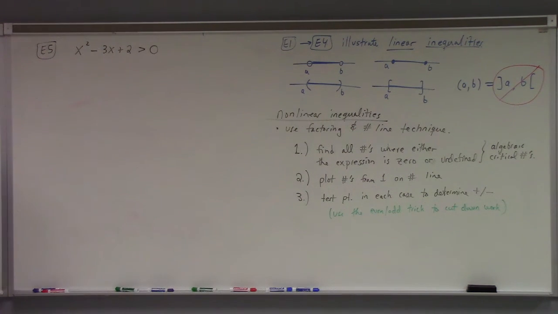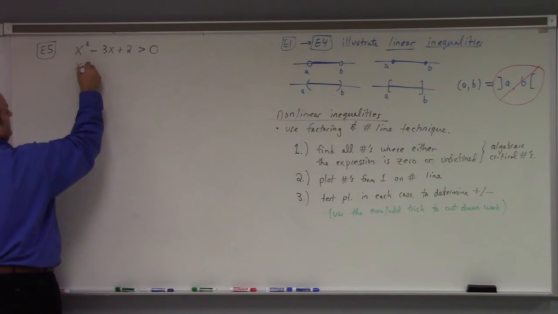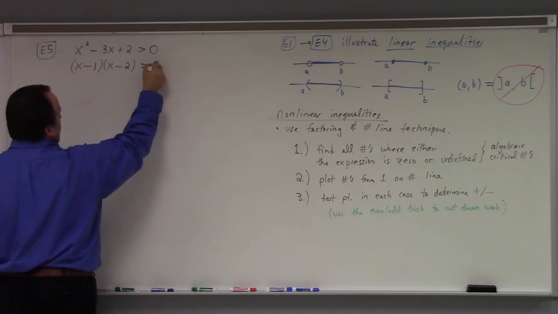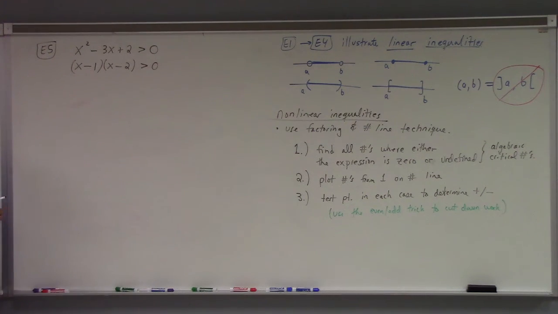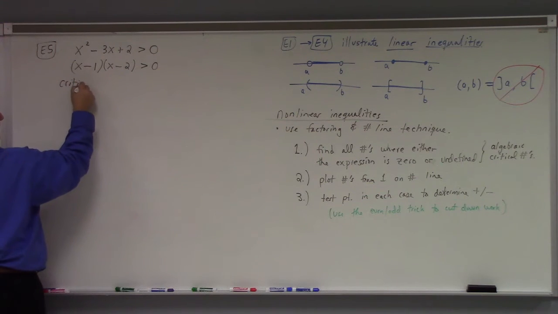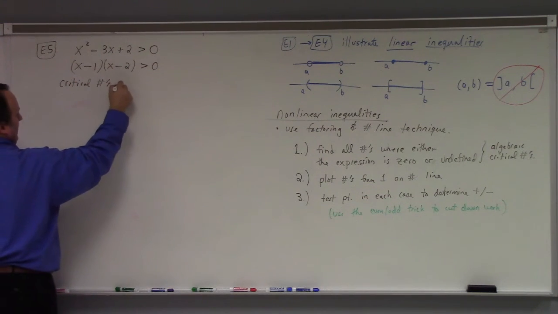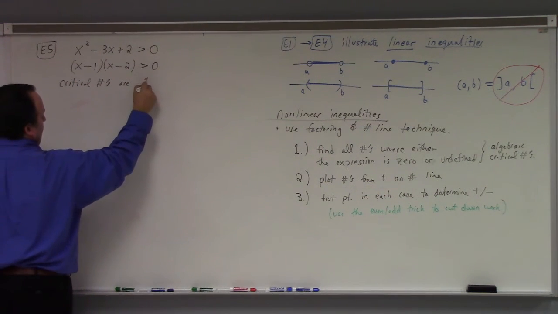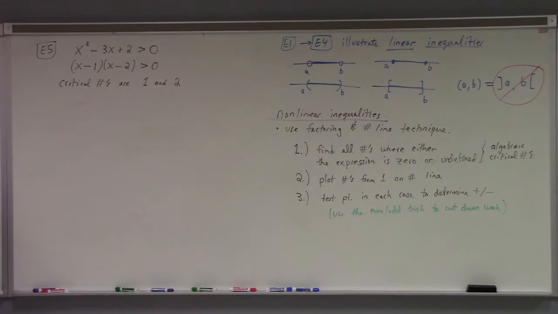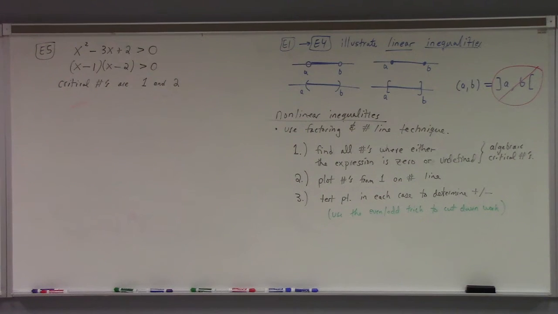You can factor that, right? This is x minus 1 times x minus 2. So critical numbers are 1 and 2. Those are the places where the expression is 0.